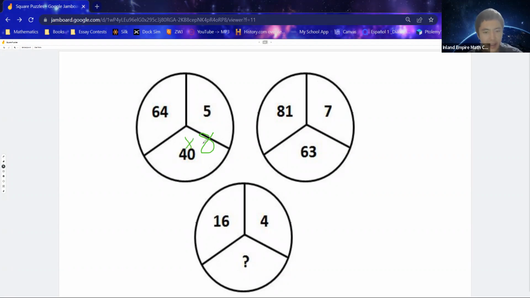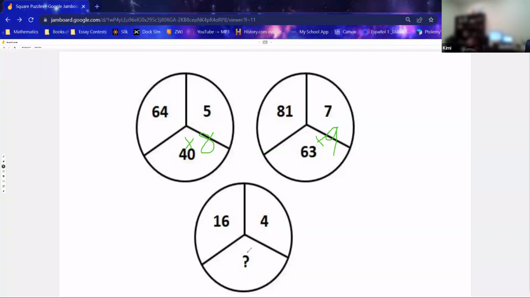Or can we say that it is 8 squared? Yeah. All right, what is the relationship between 63 and 7? Okay, it multiplies by 9. And what is the relationship between 81 and 9? Squared. Okay, so what's the answer?